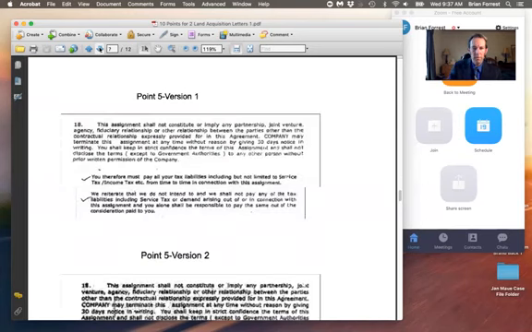Point number 5, version 1, clause 18 starts at the bottom of the page and continues with additional 2 paragraphs on the following page.